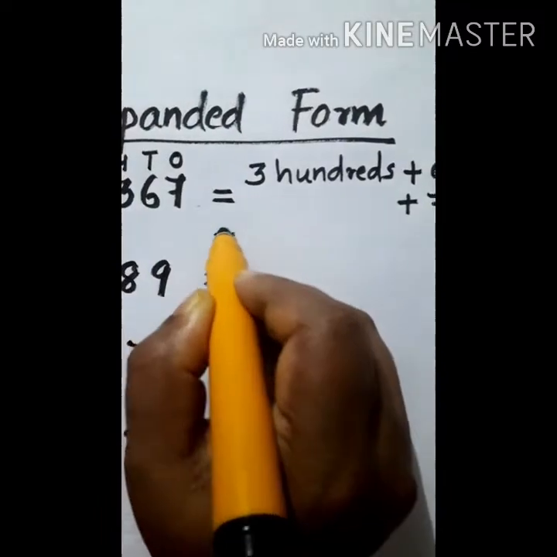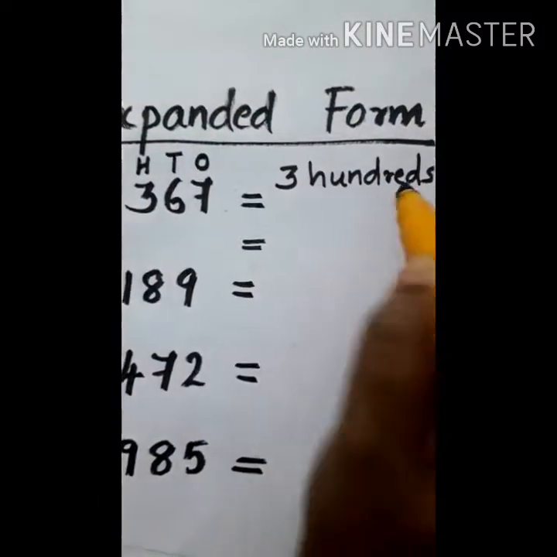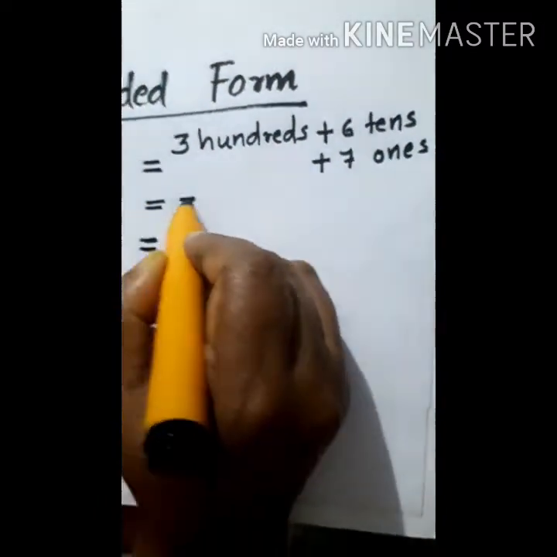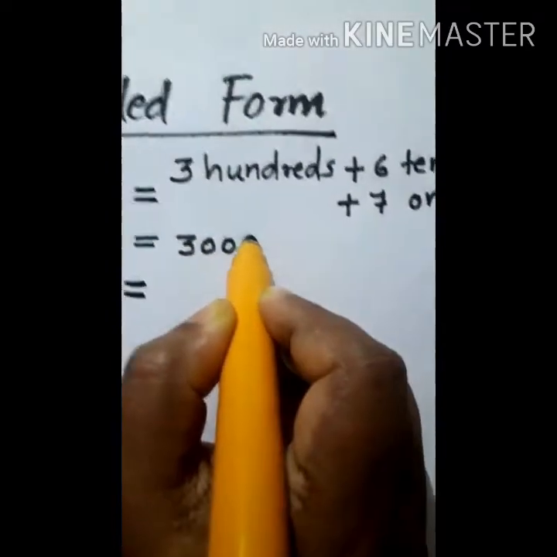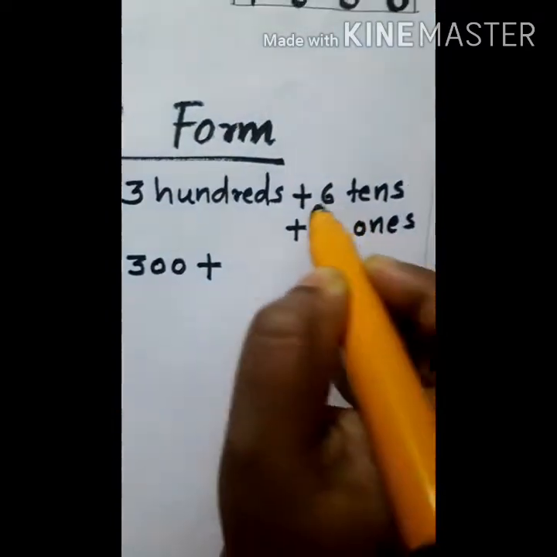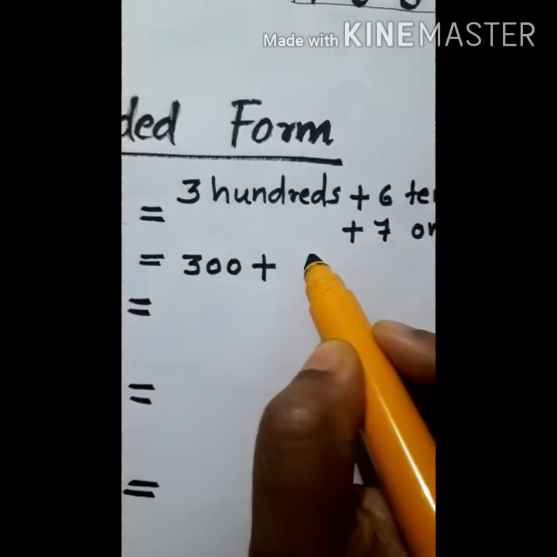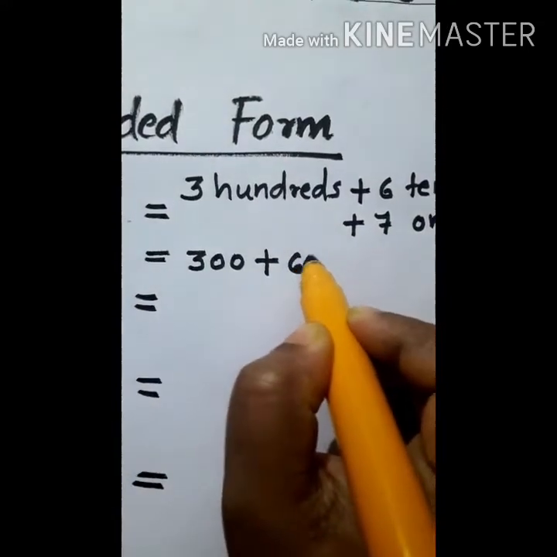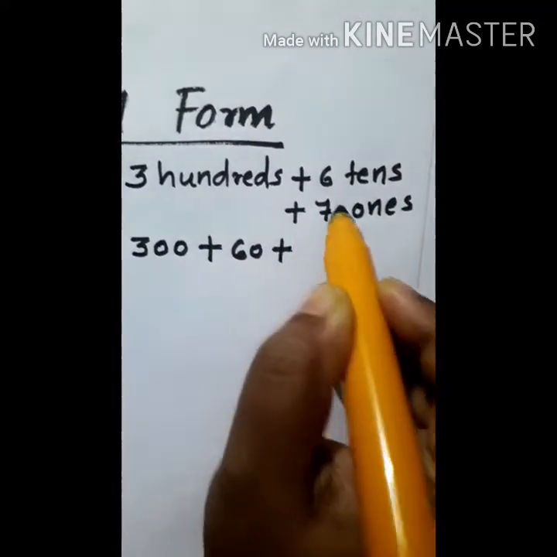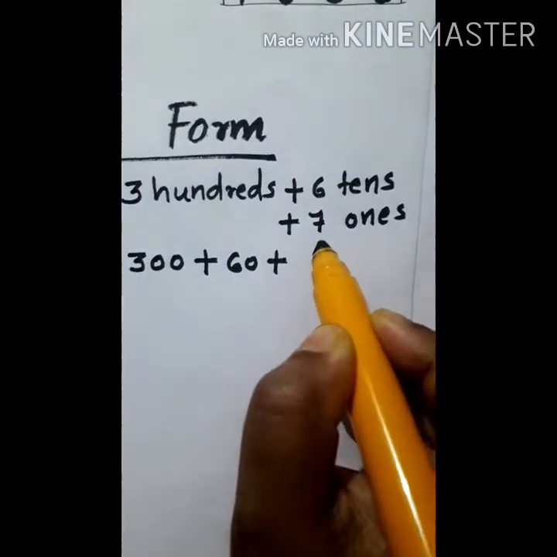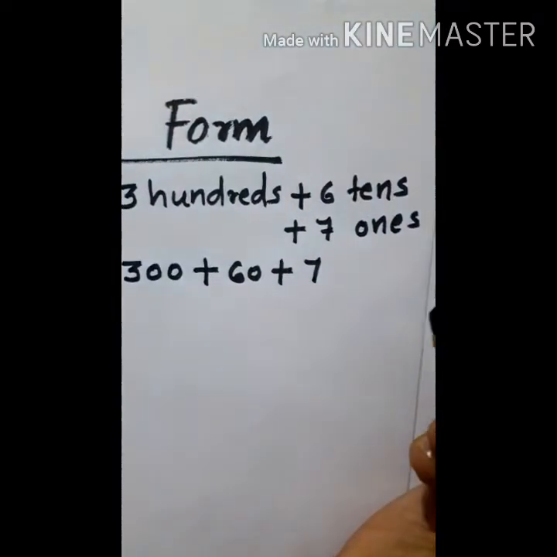So 3 hundreds means 300, plus 6 tens means 6 into 10, that is 60, plus 7 ones means 7 into 1, 7.